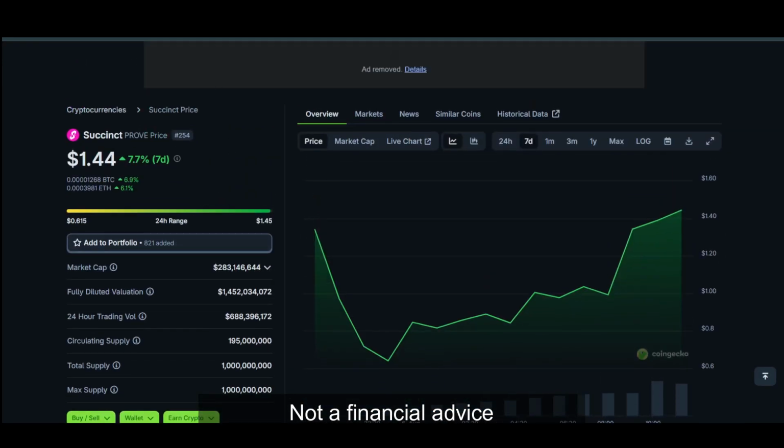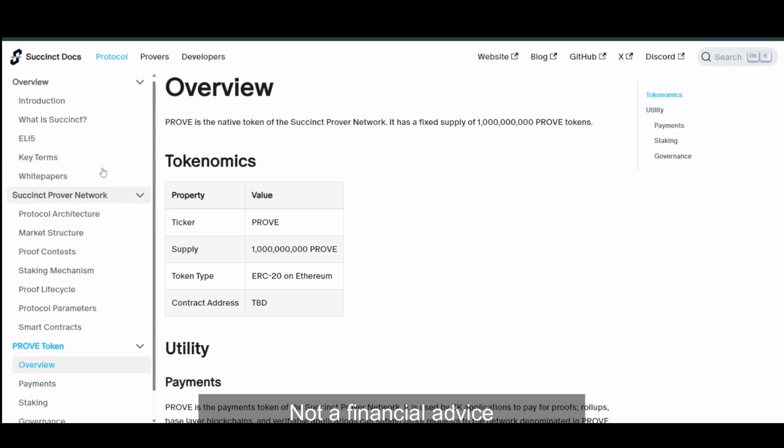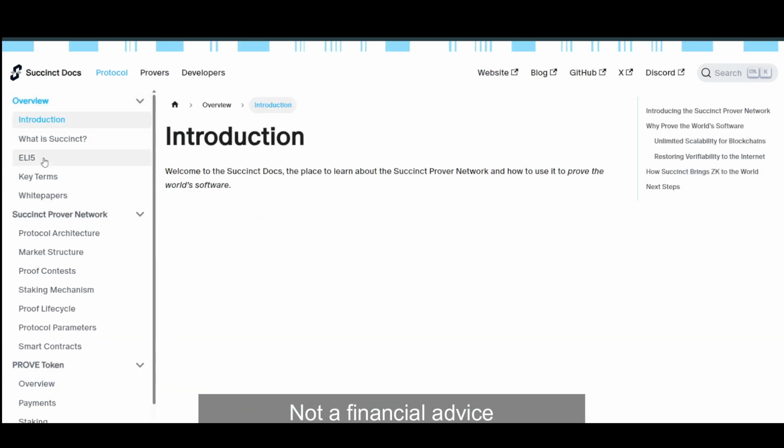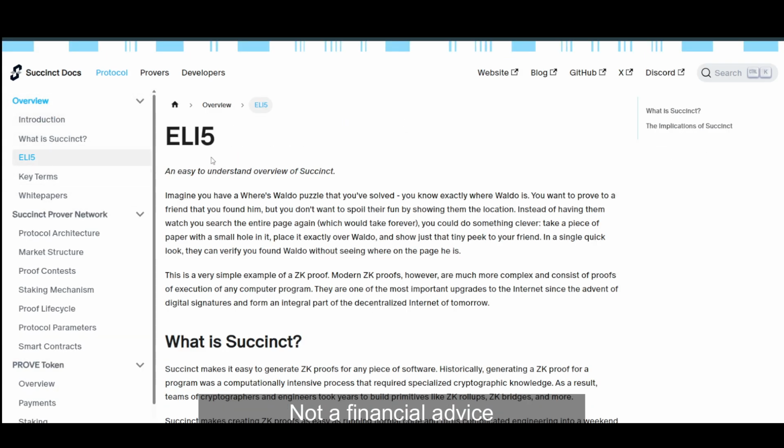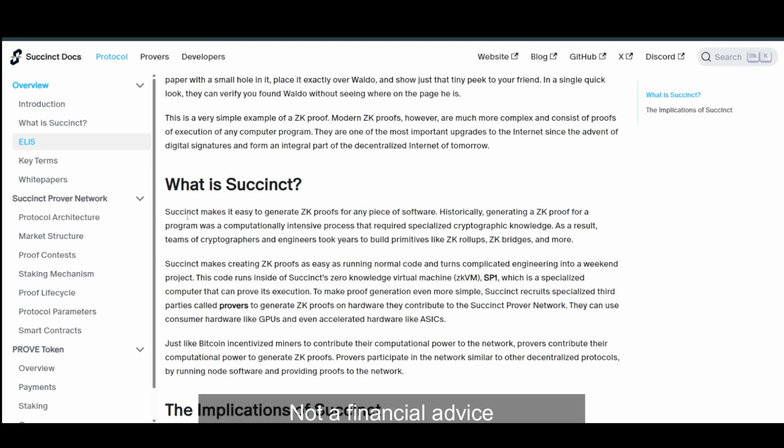So first of all, what is this protocol? They have explained it like I'm five. As you can see here, basically, Succinct makes it easy to generate zero knowledge proofs for any piece of software. Historically, generating a zero knowledge proof for a program was a computationally intensive process that required specialized cryptographic knowledge.